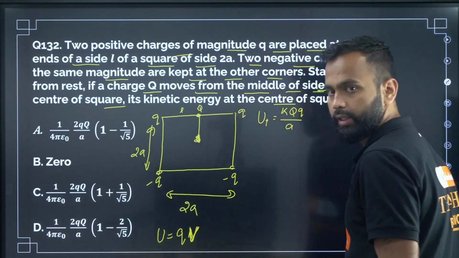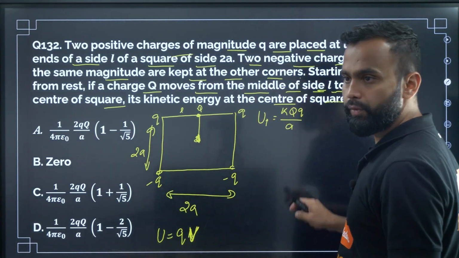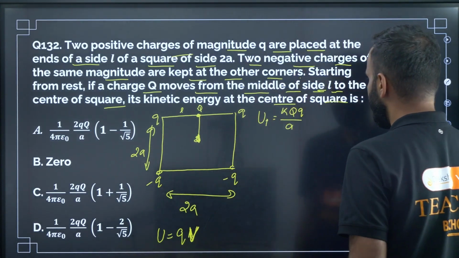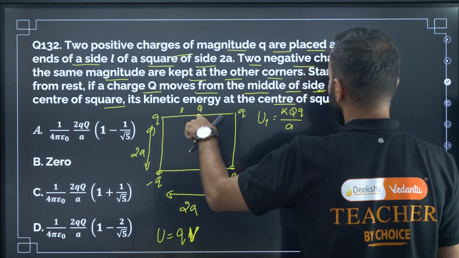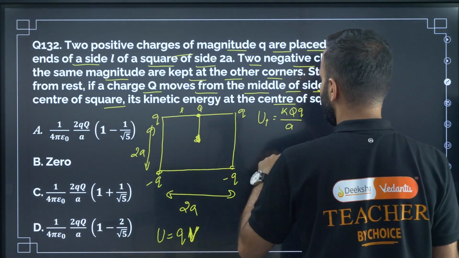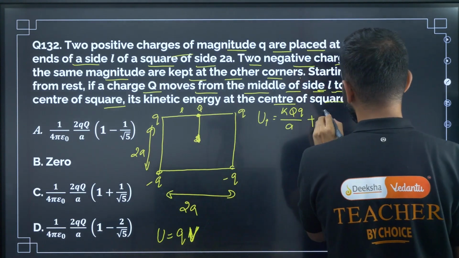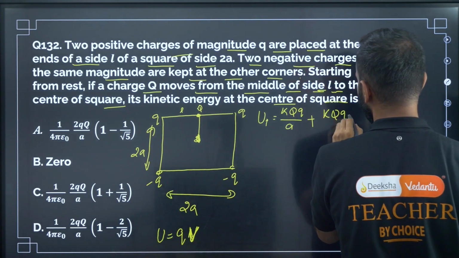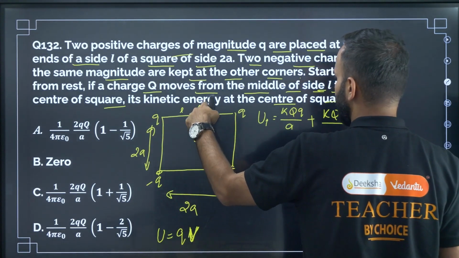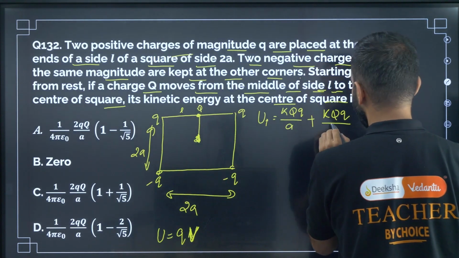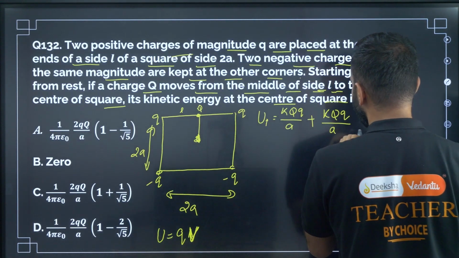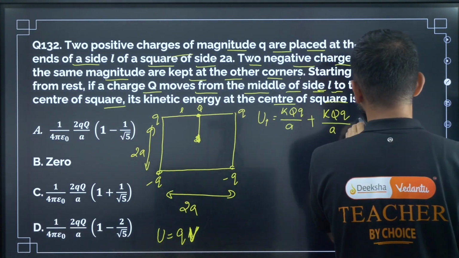So Ui equals kQq divided by a, potential energy of q due to this Q, plus the potential energy of q due to this Q, that is kQq, the potential energy of this capital Q due to small q. So this will be kQq divided by a, right?